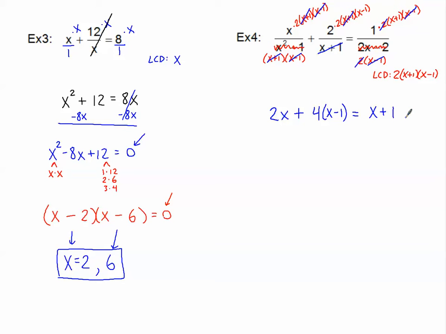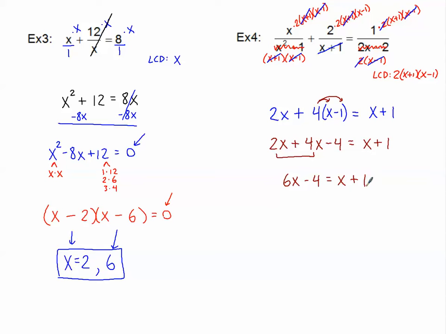Great. So that one step is very helpful because now all of my denominators are gone, and I just need to solve this equation. I'm going to distribute. Get my like terms together after that. I have 4x minus 4. My like terms are 4x and 2x, and 4x makes 6x.